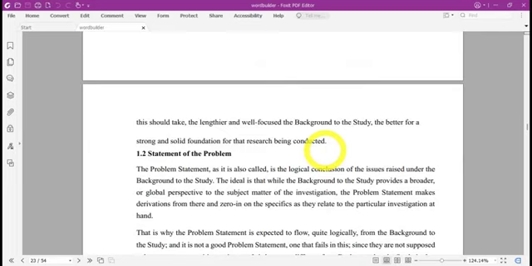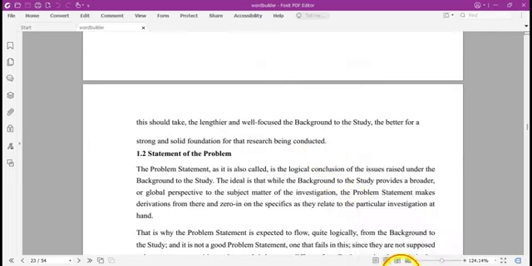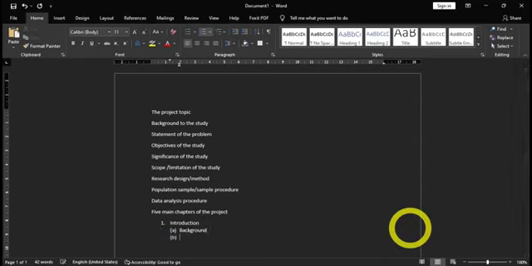Then the next one is statement of the problem. B. Statement of the problem.